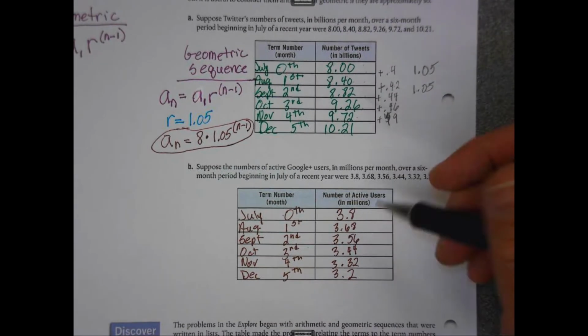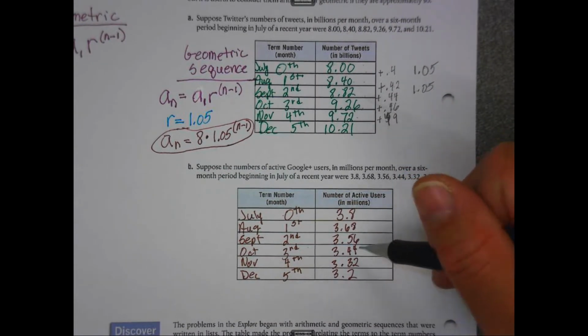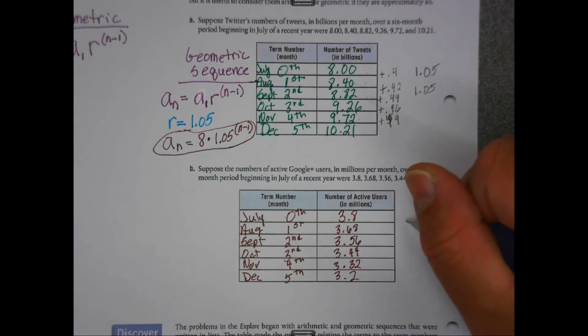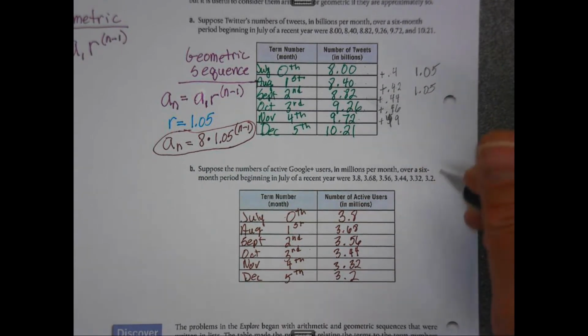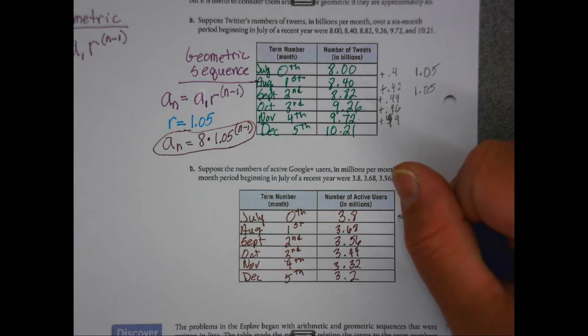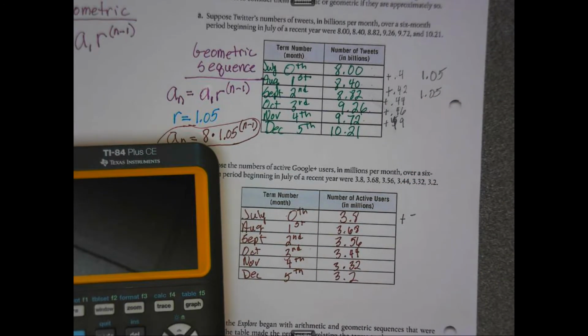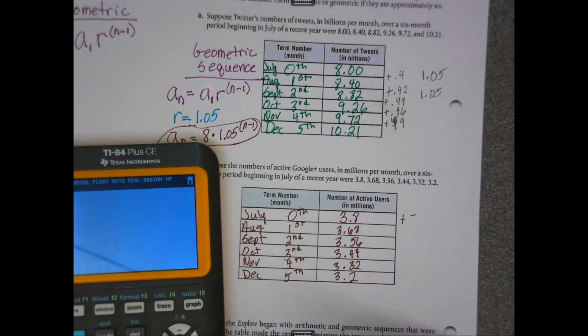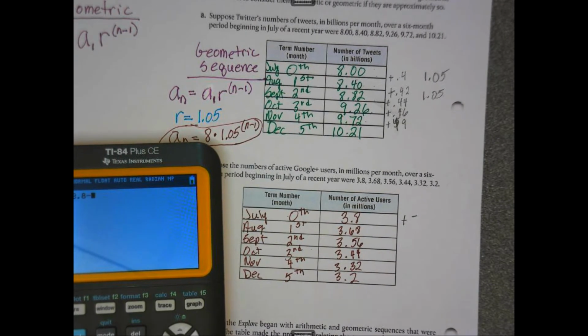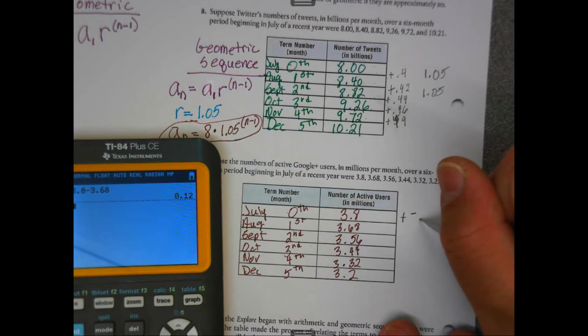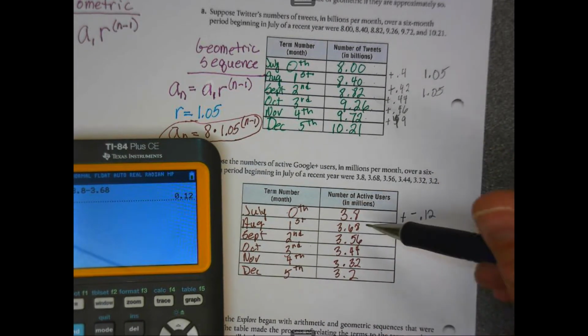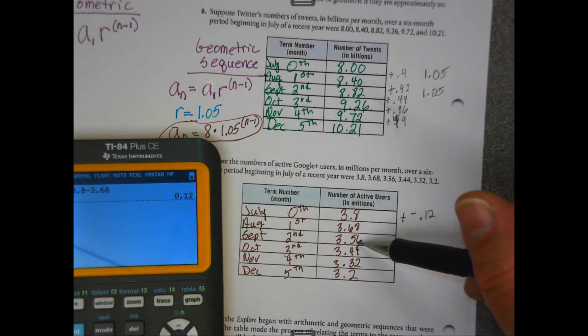Okay, so I'm looking at this and it's definitely decreasing. So we're going to be adding a negative number, checking for arithmetic. Let's take our 3.8 and subtract 3.68. So here we're adding a negative 0.12 to get from the first to the second term.